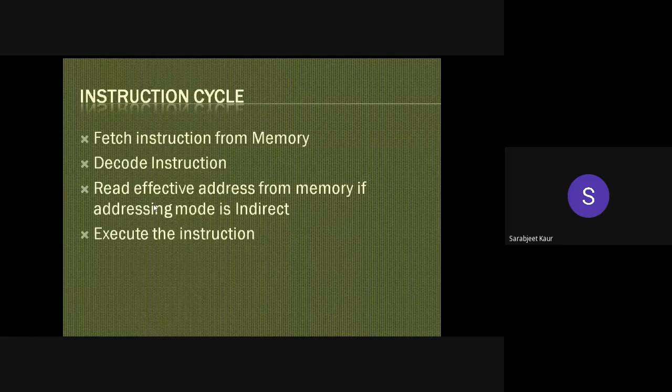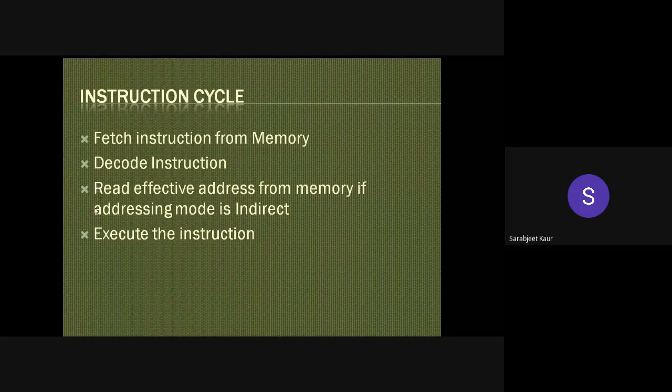But if the addressing mode is indirect, then the address present in the address part of the instruction is actually the address of the effective address of the operand. That is the address from where I will get the effective address.